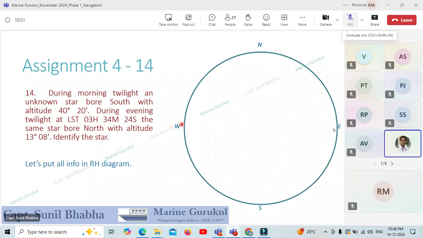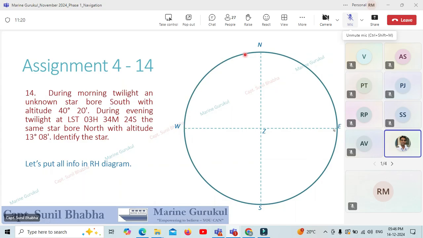Now at the center of this circle, we have the zenith. We can join N and S, and W and E. The point of intersection gives us the center of the circle, which is the zenith. So the center of this diagram represents the zenith of the observer, and the circumference represents the rational horizon of the observer.